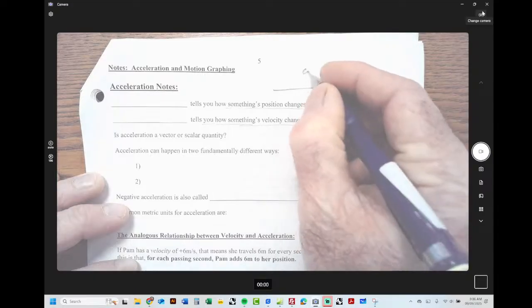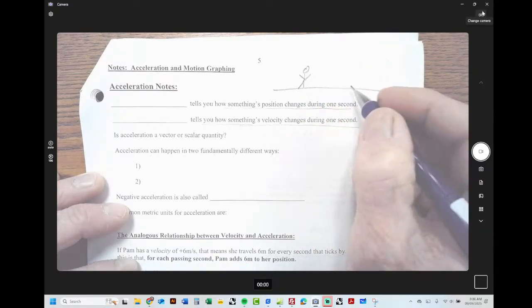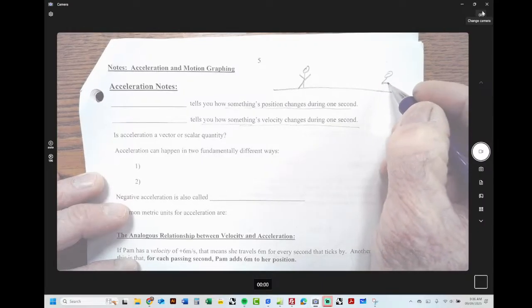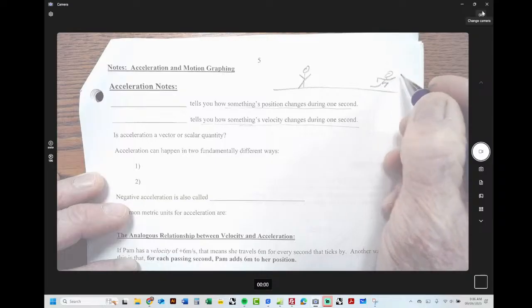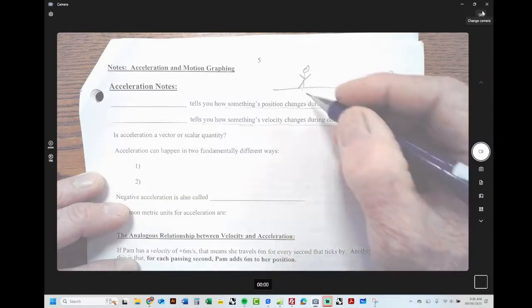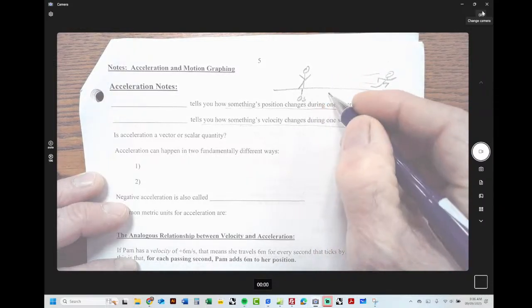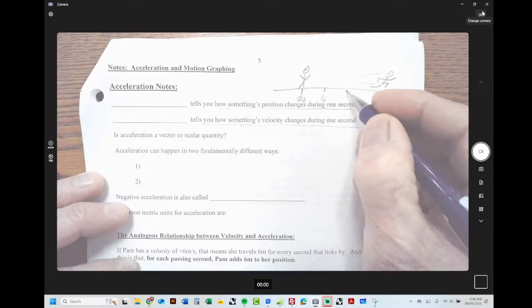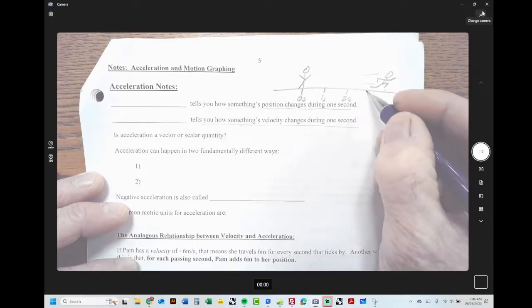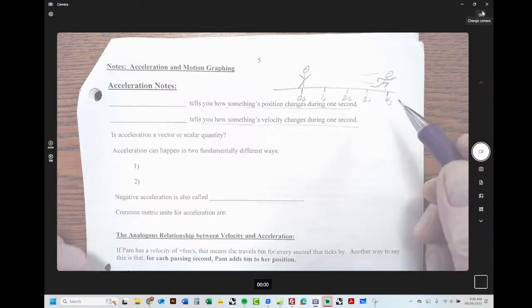So if you have, say, a person who is standing right here, and a little while later they're running this way, and they're over here. So they've gone from there to there, and maybe if I did this in time, this would be at 0 seconds. 1 second they're here, 2 seconds they're there, 3 seconds they're here, and 4 seconds they're there.